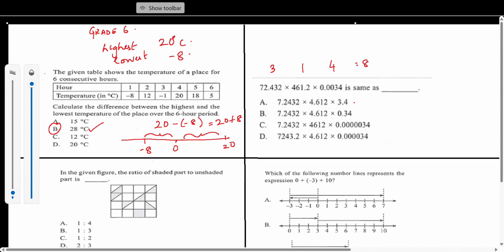So no, this is not it. Here there is no decimal. Instead 1, 2, 3, 4, 5, 6, 7. 4 plus 7, 11. But of the 11, these 4 are gone, right?